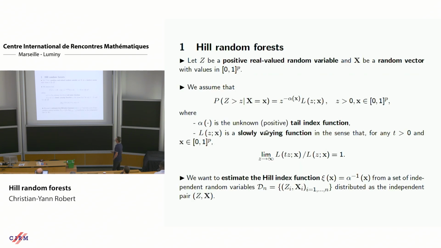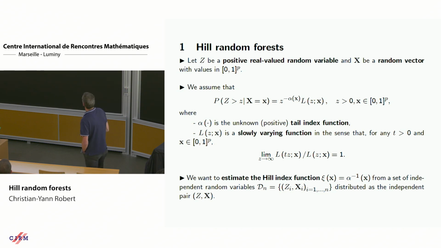So let us start with the first part of the talk, the Hill random forest. I will explain exactly what we want to do. Assume that we have a positive random variable Z, and also a vector of covariates X of dimension p, here defined on [0,1]^p because it is easier. We make the following assumption: the conditional survival distribution of Z given X is a Pareto-like distribution.